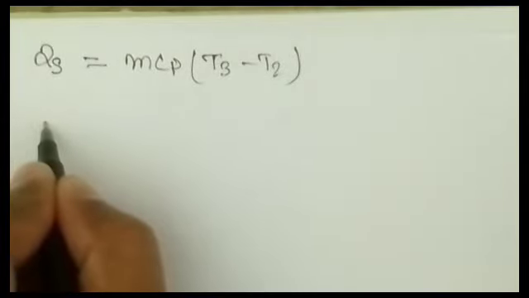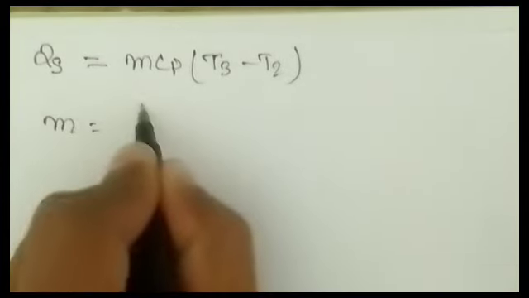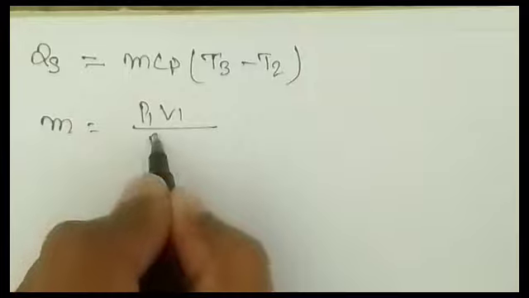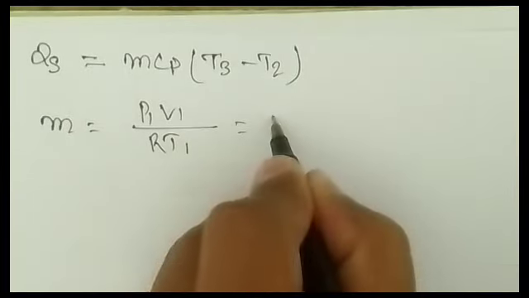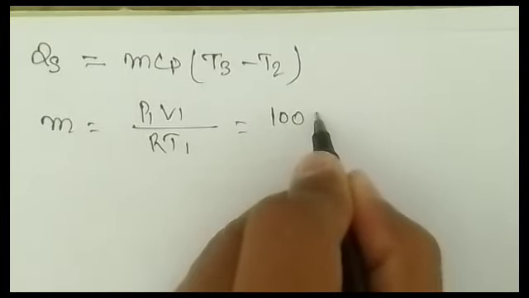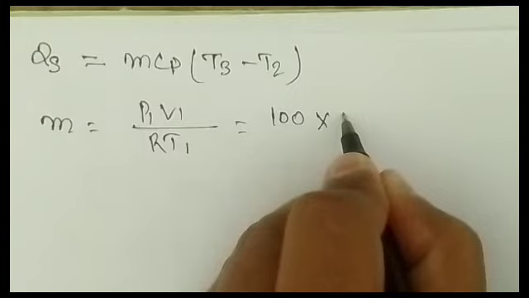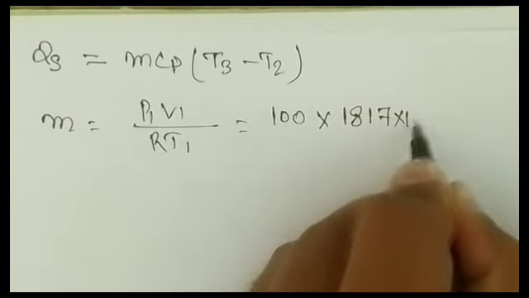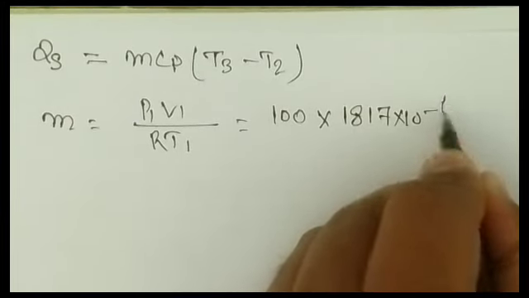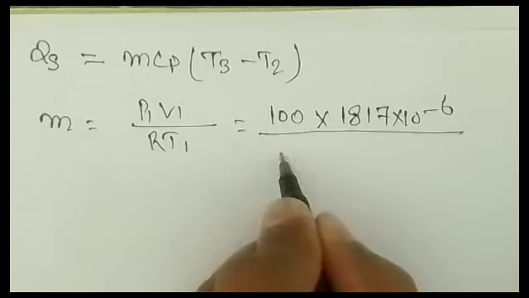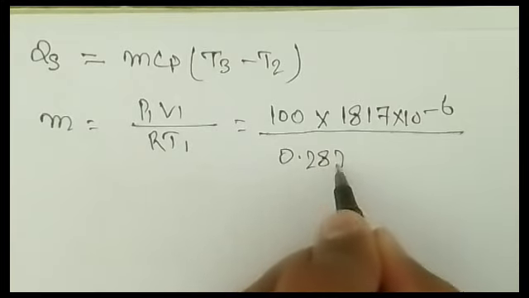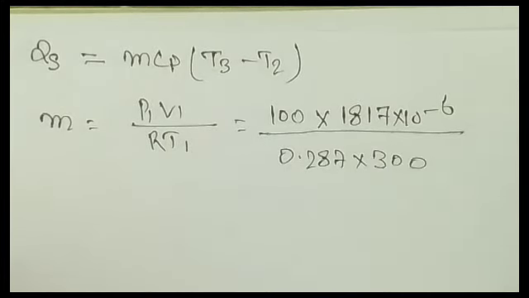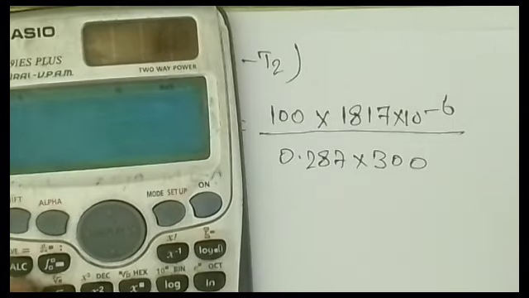Mass we don't have, mass we need to calculate, that is mass is equal to P1 V1 by R T1. P1 is 100 kilopascal, and the volume is 1817 centimeter cube, so it will be meter cube. We need to take 1817 into 10 to the power of minus 6, by R is equal to 0.287 and the temperature is 300 Kelvin. So this data you need to substitute.